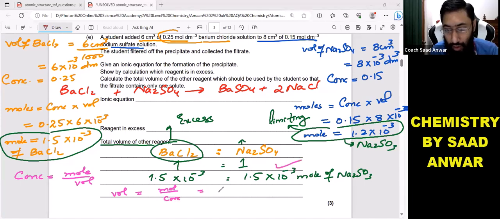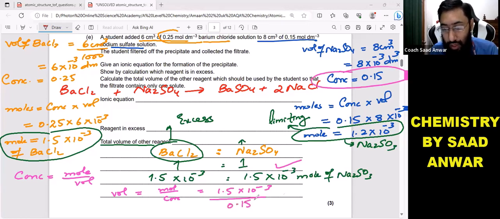Moles is 1.5 into 10 raised to power minus 3, and the concentration of sodium sulfate is 0.15. When I solve, I get 0.01 cubic decimeter. This is the volume, and this is how I solve this question.